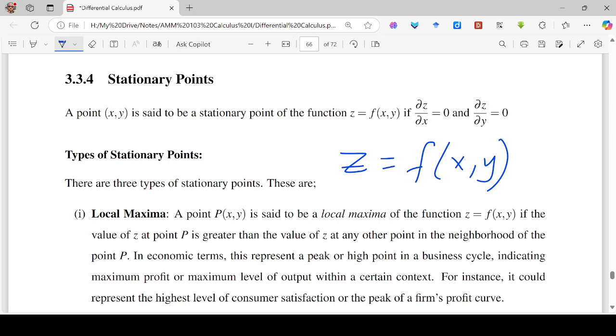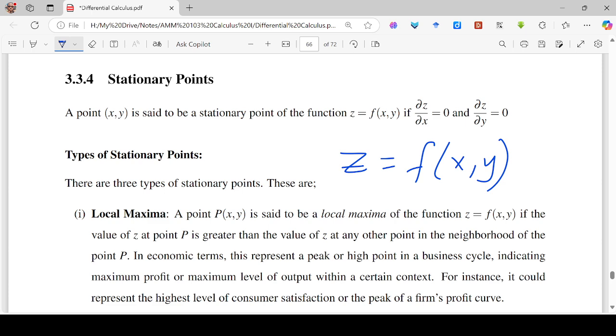Now, a stationary point of a function is basically where the function is not changing at an instant. The point where the rate of change of the function is 0. So in this case, to find the stationary point for a function having two variables, we find the first order partial derivatives.